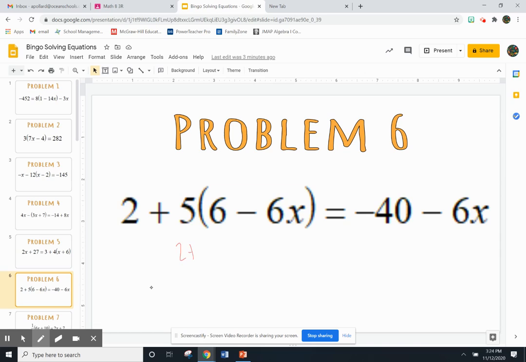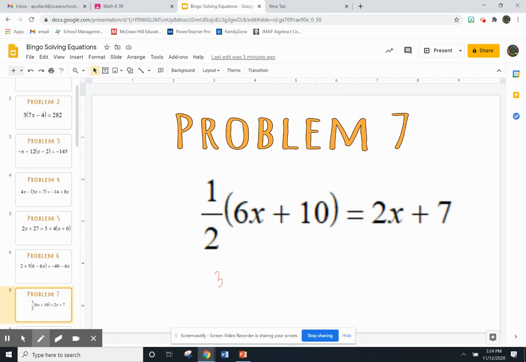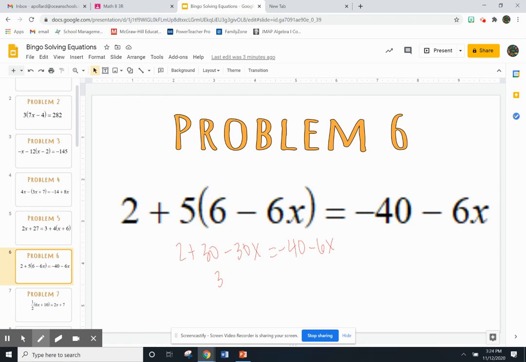Then we have 2 plus 5 times 6 is 30 minus 30x equals negative 40 minus 6x. Combine on this side, we get 32 minus 30x equals negative 40 minus 6x.